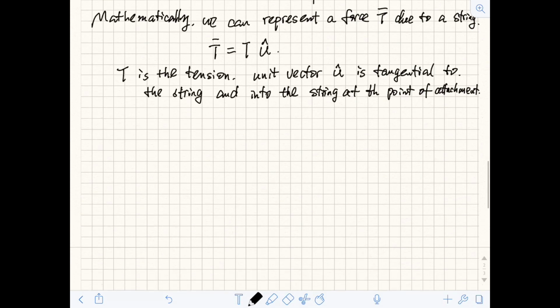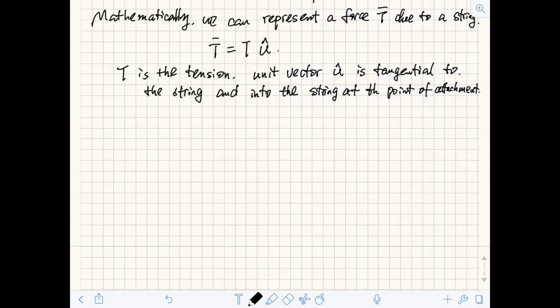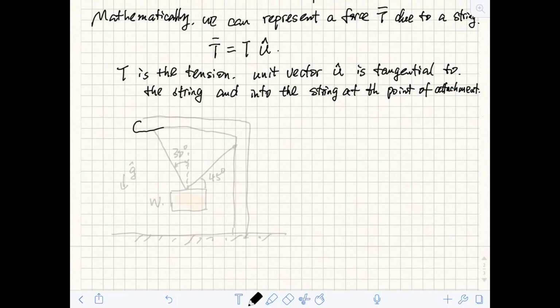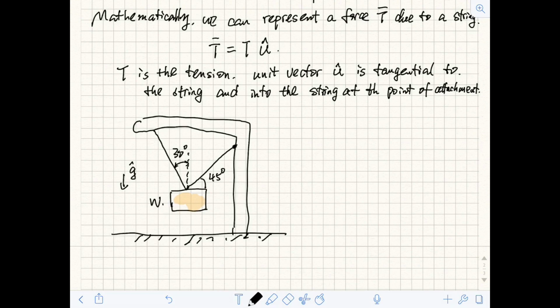To better illustrate the concept of a string, let's look at an example. So we have a block of weight equal to 10-pound force, which is supported by 2 cables as shown. And we need to find the tension in each cable.